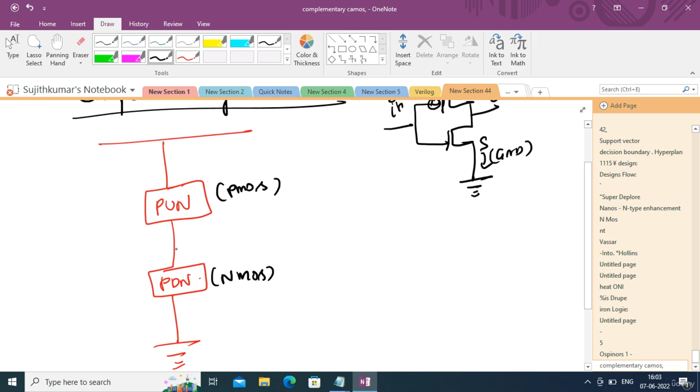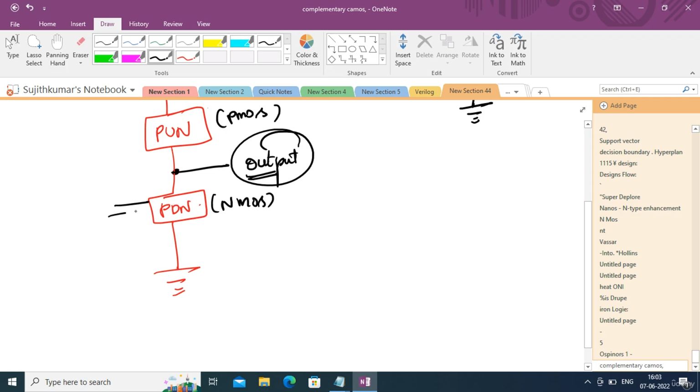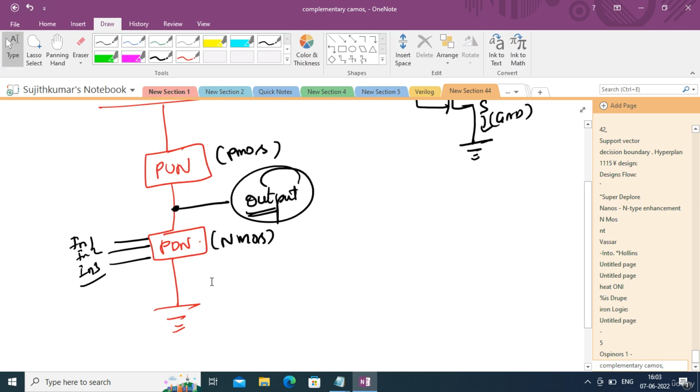In between them there is a node which is common to both the pull-up and pull-down networks, and that acts as the output node. Whatever inputs you give to the pull-down network, let us say input 1, input 2, input 3, it depends on the number of transistors and also the logic.